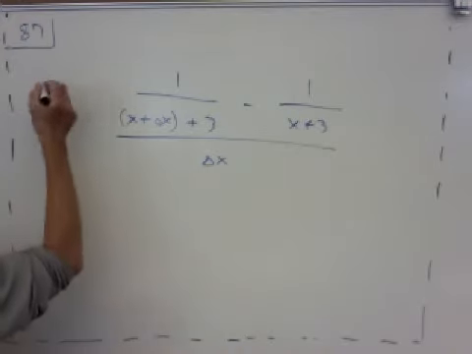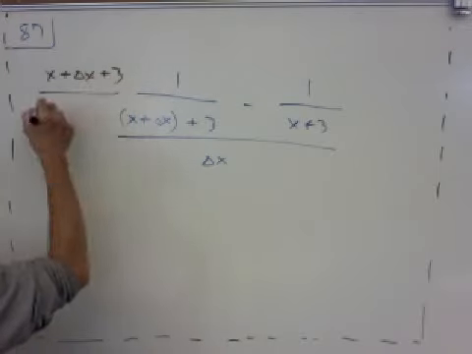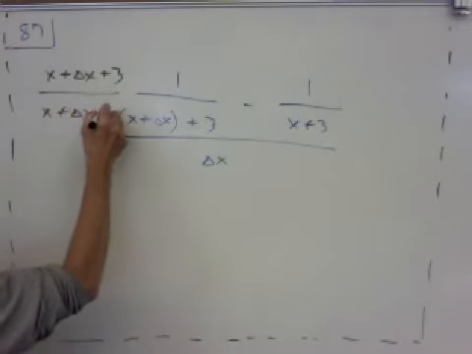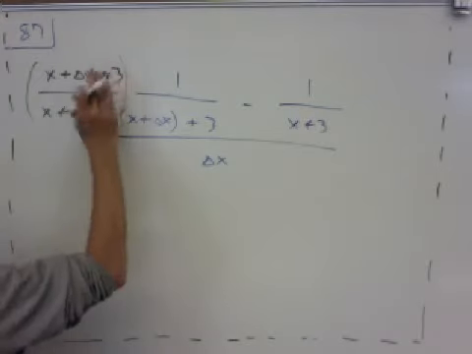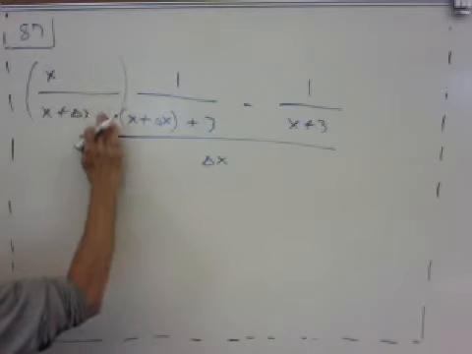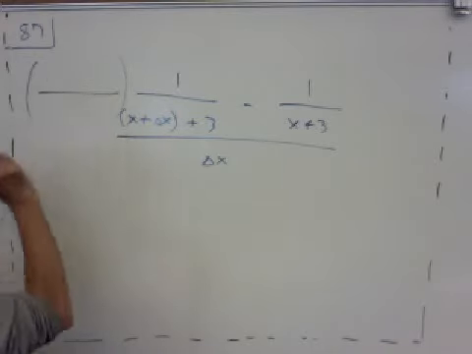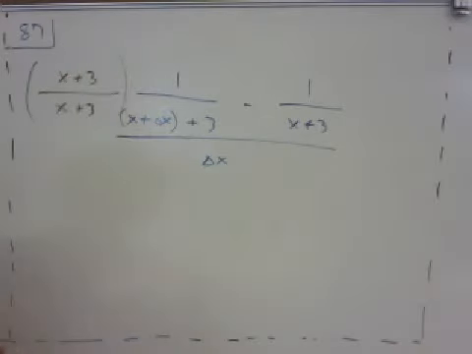So here I'm going to multiply by x plus delta x plus 3 over x plus delta x plus 3. My mistake, I don't need to multiply by the delta x there, it's already there. Pardon me, let me back up a little bit. So here I'm going to multiply by x plus 3 over x plus 3.